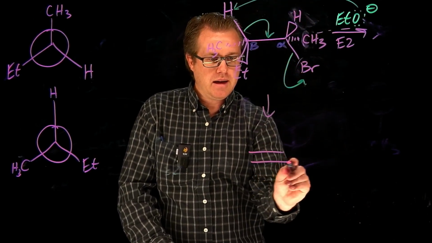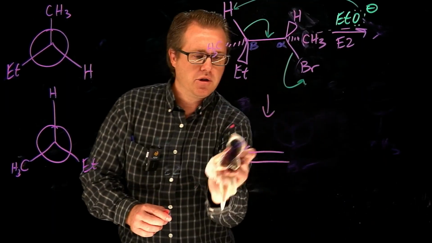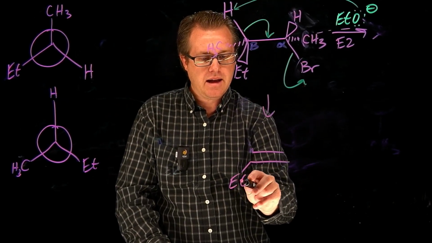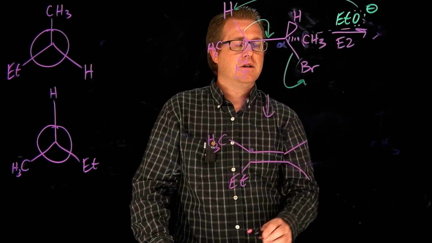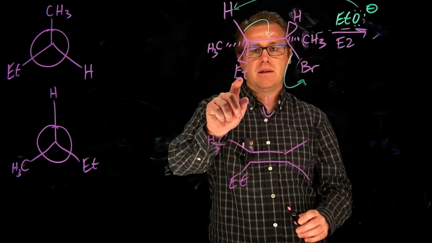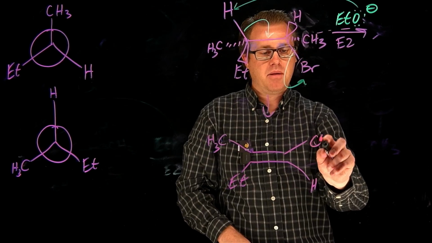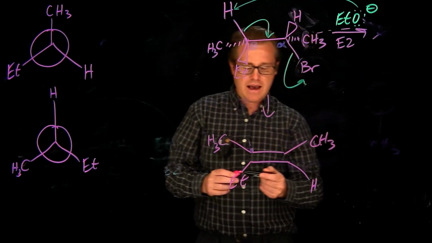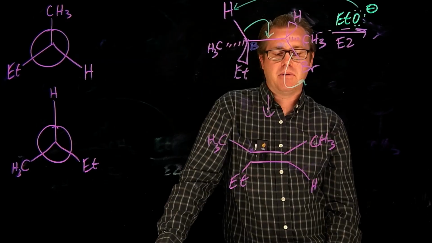It would be an alkene. Well, we're not going to use dashes here. I have my ethyl on that side, my methyl on that side. And then what do I have here? So that's a wedge, so my hydrogen's there, and my methyl is right there. Okay. And so that would be the product that we would get.